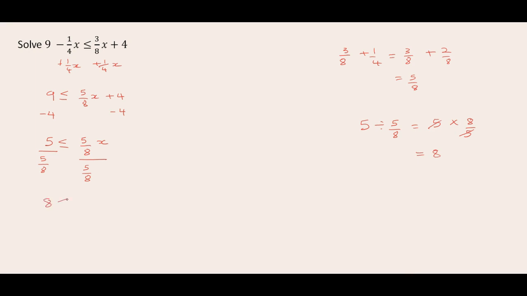So 8 is less than or equal to x, and we're going to switch the variable and the constant. So x is greater than or equal to 8. So now we have the number line, 0, we have 8, x greater than or equal to 8.